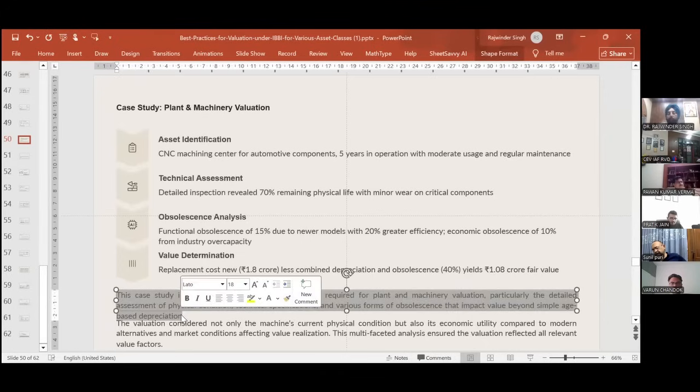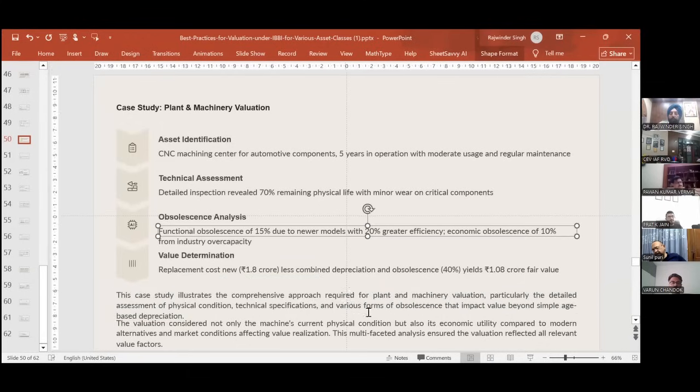We have to take into consideration other things such as functional obsolescence and economic obsolescence. So the valuation considered not only the machine's current physical condition, but also economic utility compared to its modern alternatives and market conditions affecting value realization. So this multifaceted analysis ensured the valuation reflected all relevant value factors.